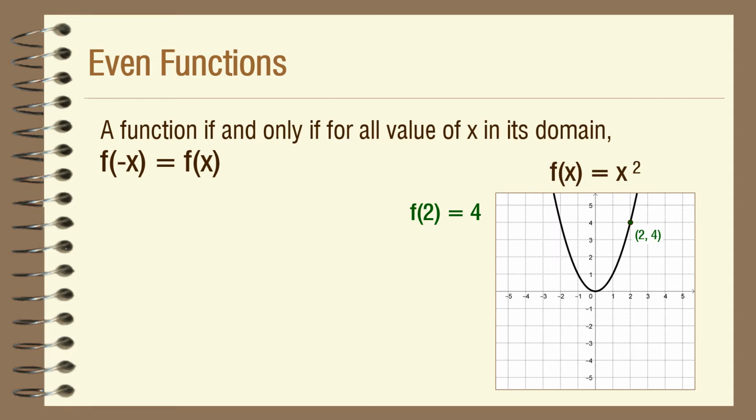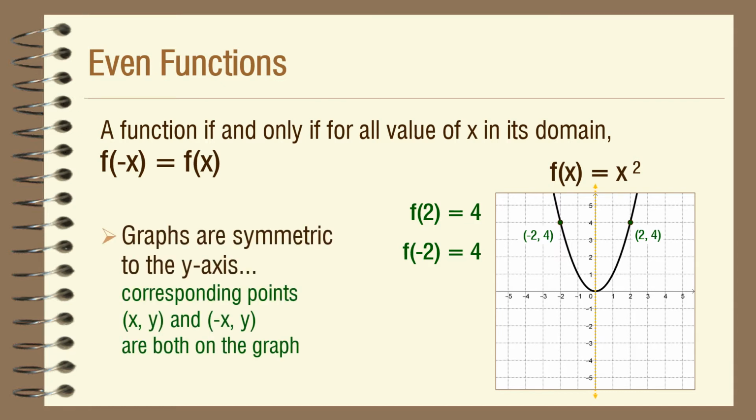But the definition says that we also need to show f of -2, which happens to be the same height of 4. Not only are those points, but all points will be symmetric with respect to the y-axis, meaning the corresponding points x, y and -x, y will both be on the graph. We will be able to reflect it around the y-axis.